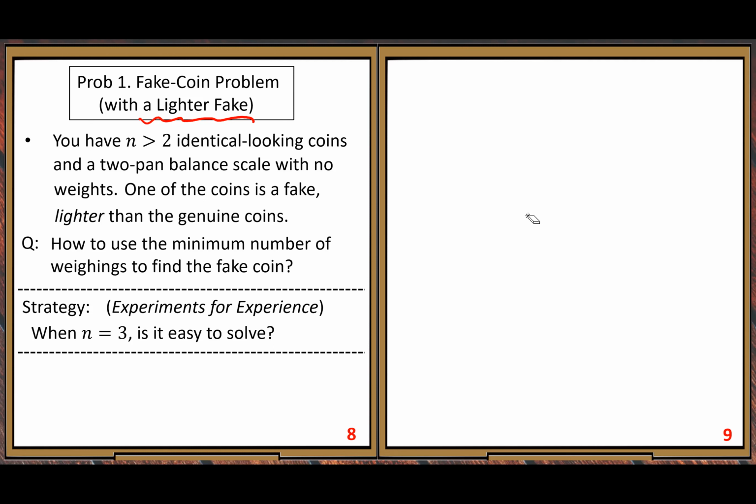We have 3 different status: left pan status, right pan status, off the pan status. If you want to use all the information, all different status, it's better to split into 3 groups, 3 piles.